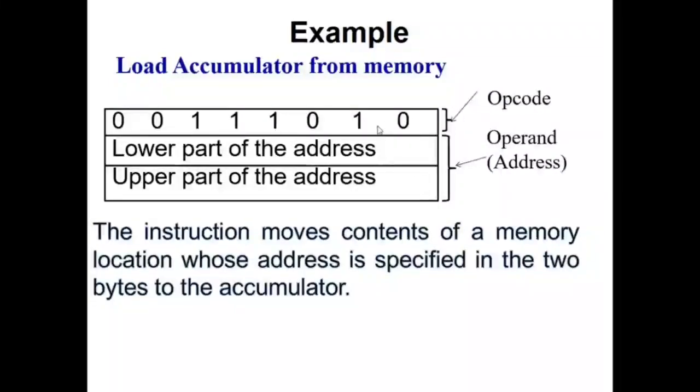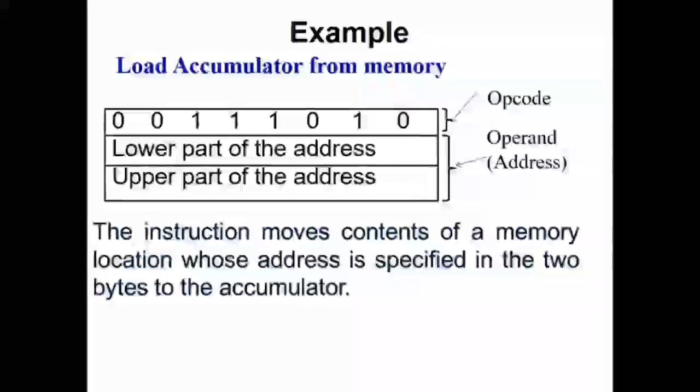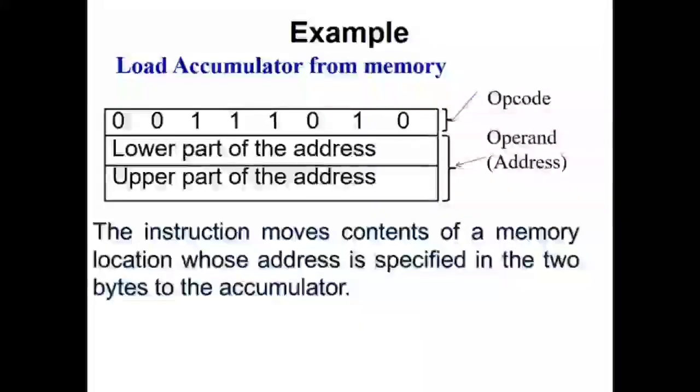And I told you that the address of X is 3F8C. So the lower part of the address is 8C. The upper part is 3F. And loading the accumulator is 3A. So that is why we have 3A, then 8C is the lower part, then 3F is the upper part. That one puts whatever is in the memory location X into the accumulator.